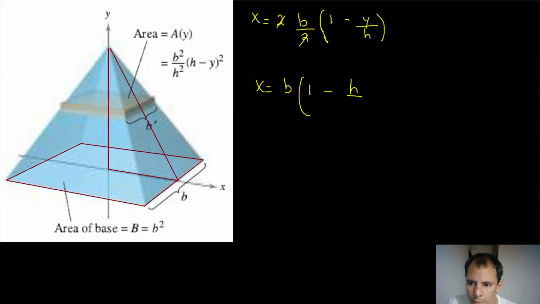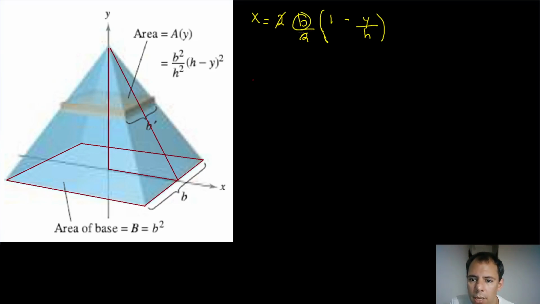So let me undo all these things. Okay, that's enough. So you can cancel these two here, and this is the value of x varying.